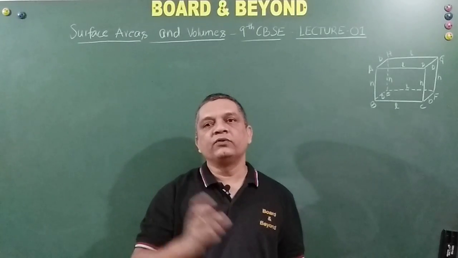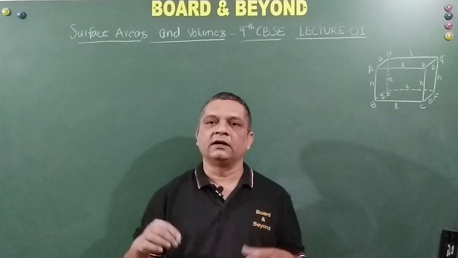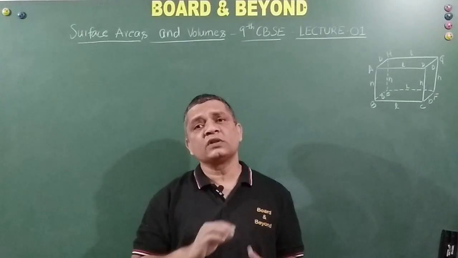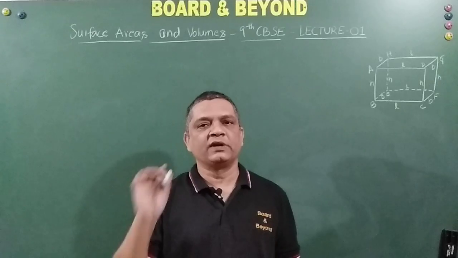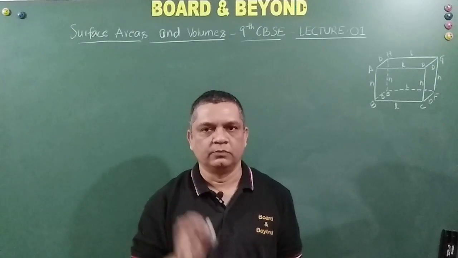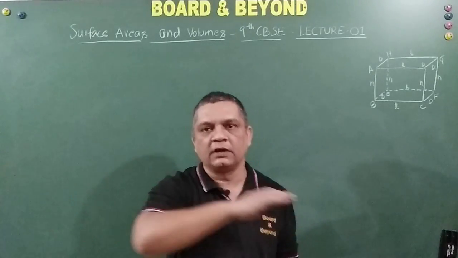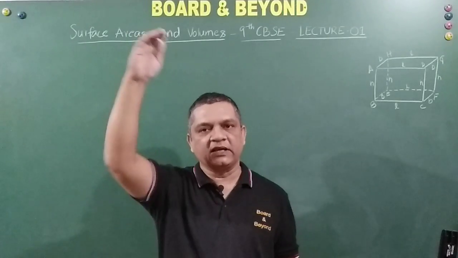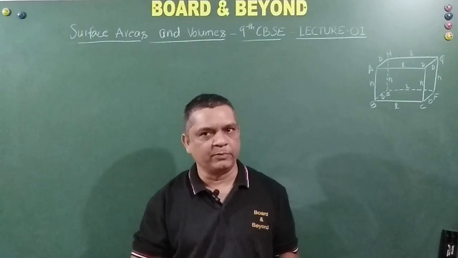So why do we understand lateral surface area and total surface area? Let us say you want to paint or distemper your house or your room. You will be majorly doing it on your 4 walls and maybe the roof, but you are not going to paint or distemper the floor.